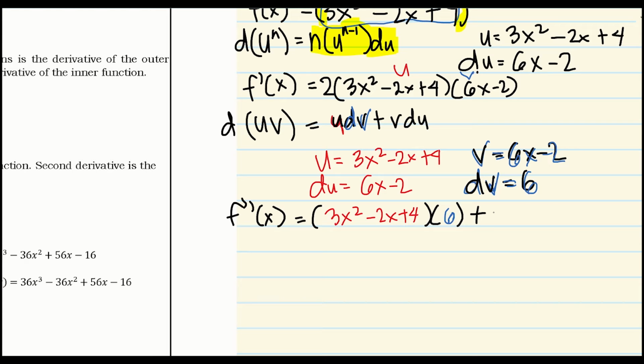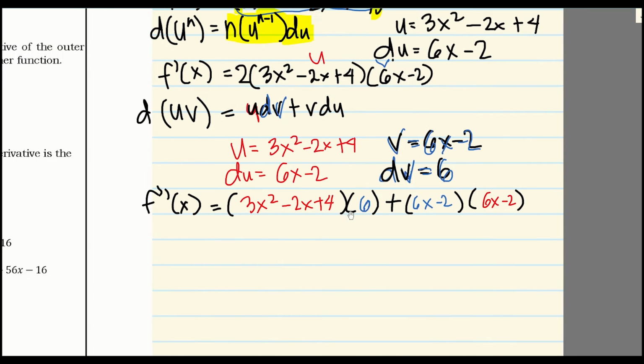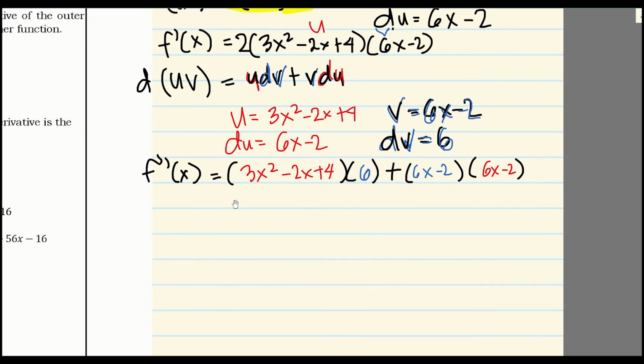So we have here 6x minus 2, and then multiplied by our du, which is 6x minus 2. So that is the one above, du. Here we will multiply this.